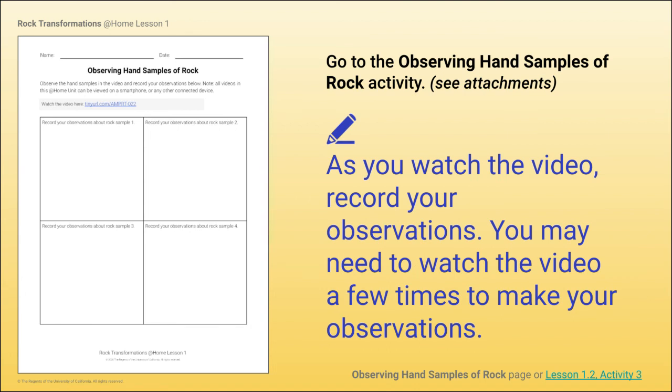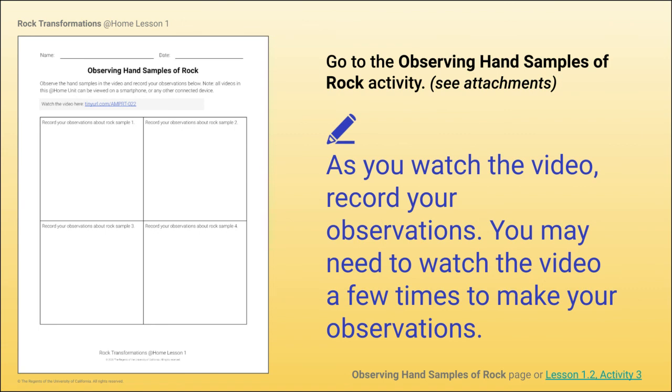So you're going to go to the observation of hand samples of rock activity. This is in the attachments of your Google Classroom lesson. There you go. So as you watch the video, record your observations. You may need to watch the video a few times to make your observations. There's a link in the video right here on the sheet that you're going to get, which is also in this lesson.